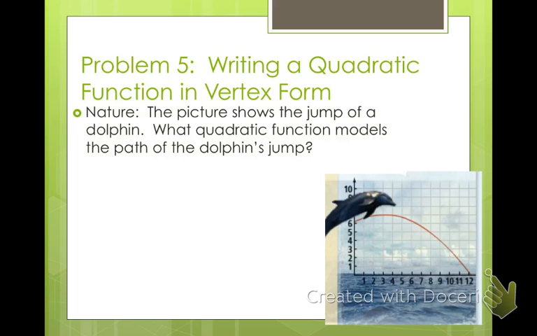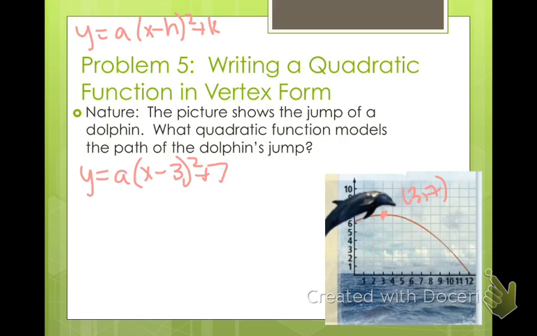If we're going to use our vertex form, that's y equals a times x minus h squared plus k. Now by looking at this picture, we can see that 3, 7 is our vertex. So we can go ahead and just plug that one in right away. So y equals a times x minus 3 squared plus 7.